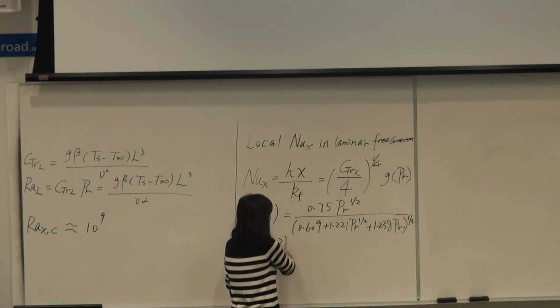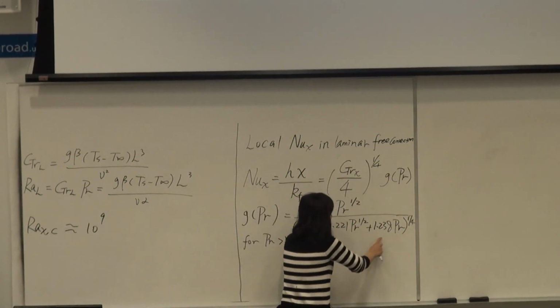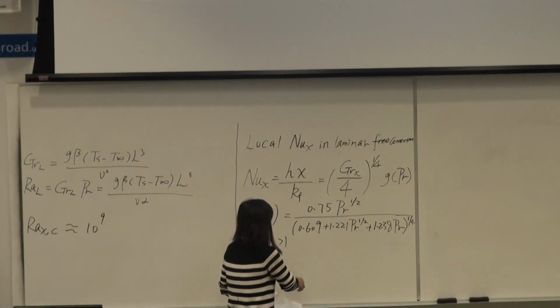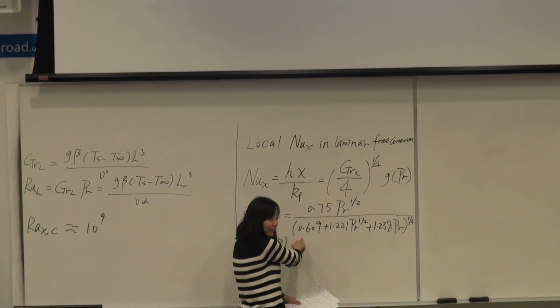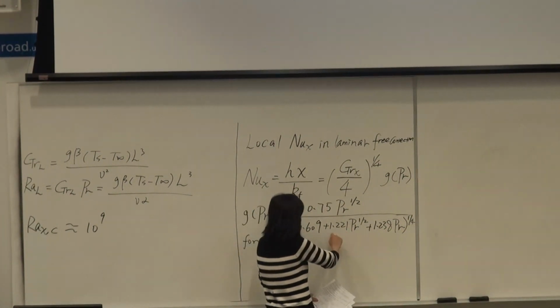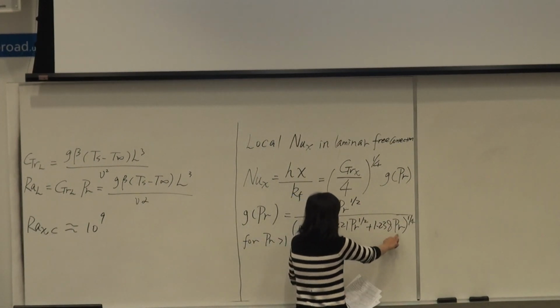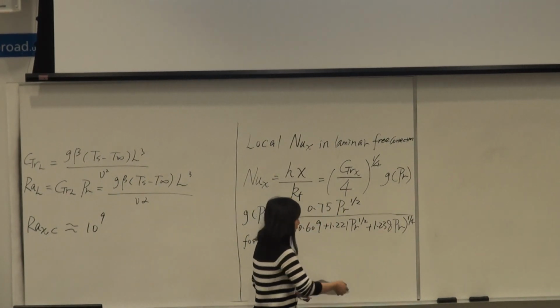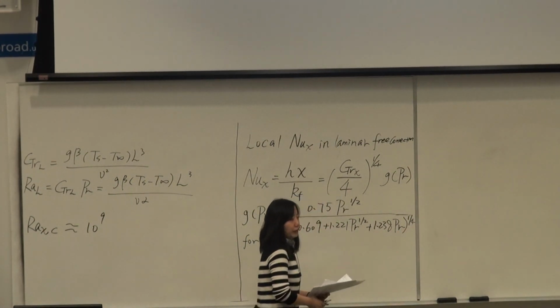For large Prandtl number, among those super complex expressions, which one dominates? We have a constant 0.6, a constant of more or less 1 times Prandtl squared, and another constant of more or less 1 times Prandtl itself, and the whole thing to the power of a quarter.